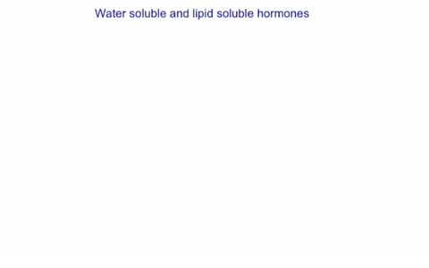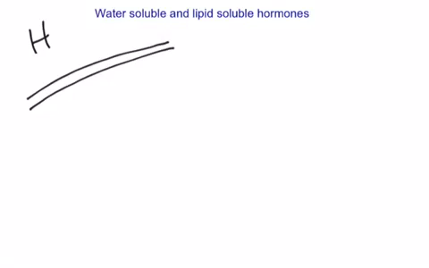With a water-soluble hormone, essentially the hormone, which we'll call H, or the ligand, will bind to a receptor embedded in the cell membrane.